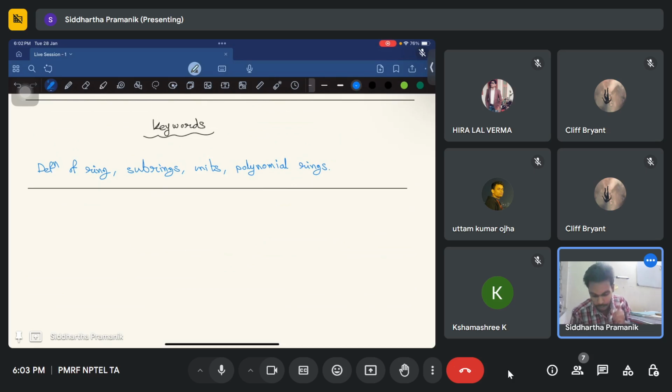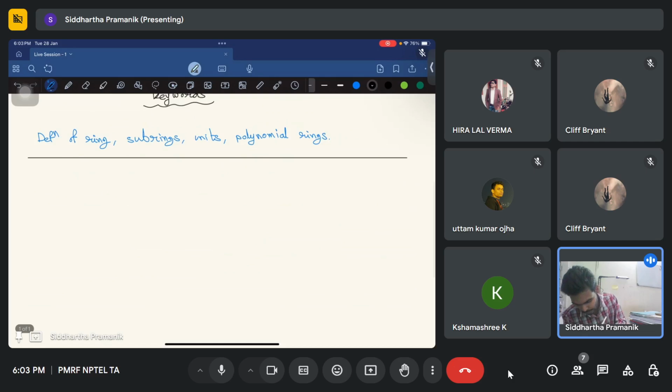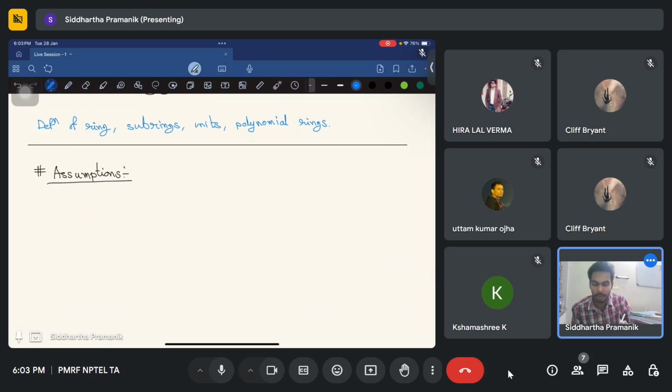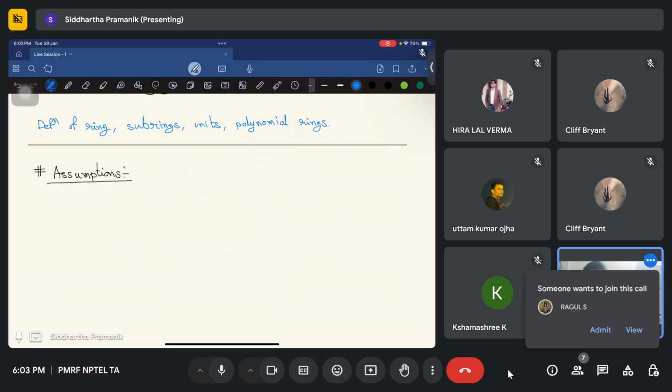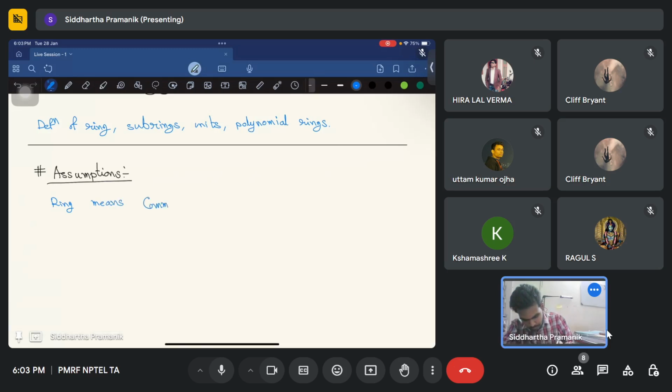Okay, so in this course, let me first put down the assumptions. Ring always means commutative ring with identity, that is, commutative ring with unity.